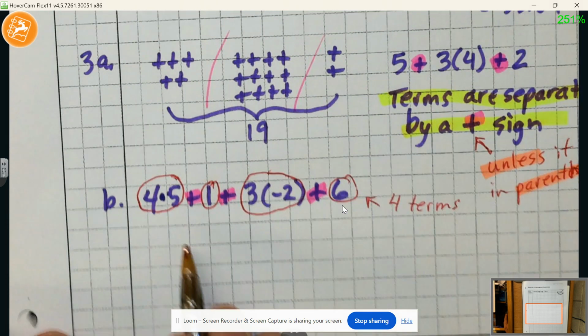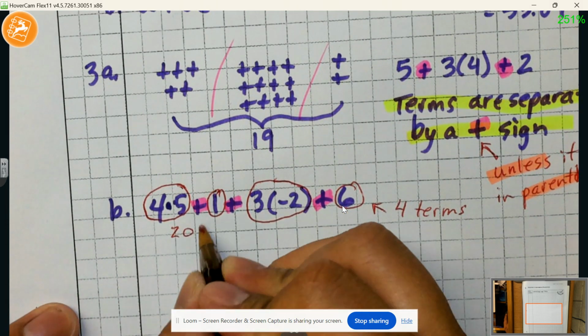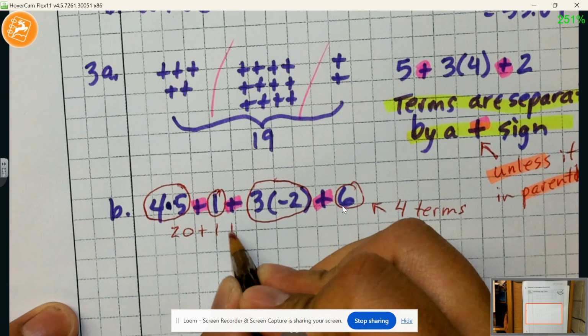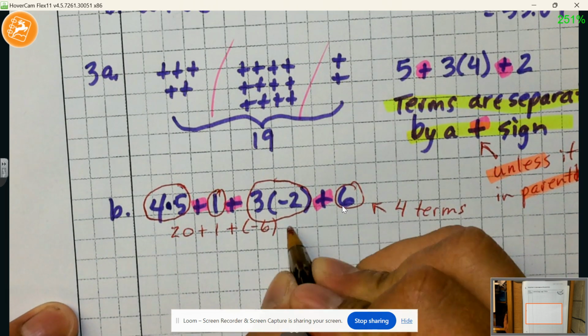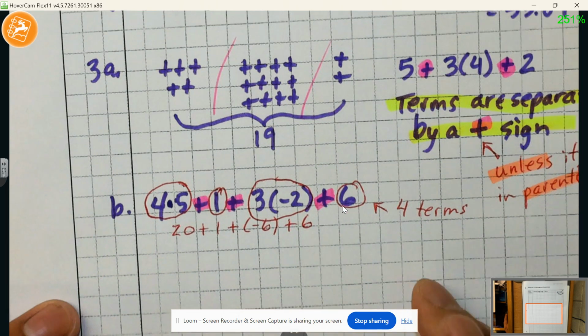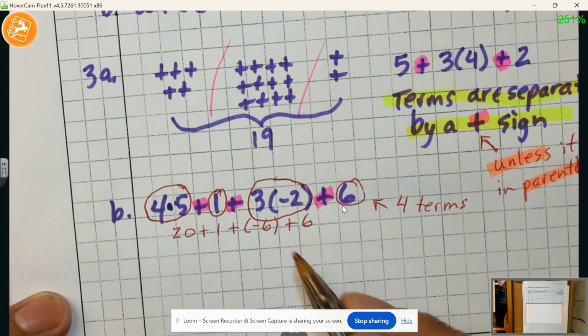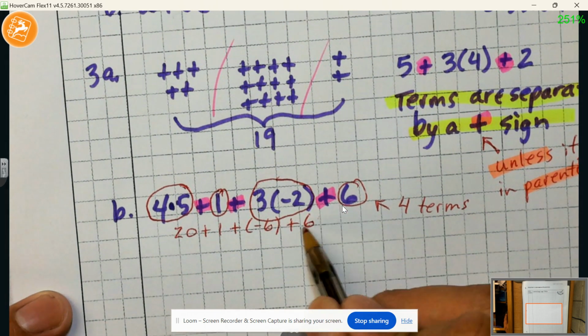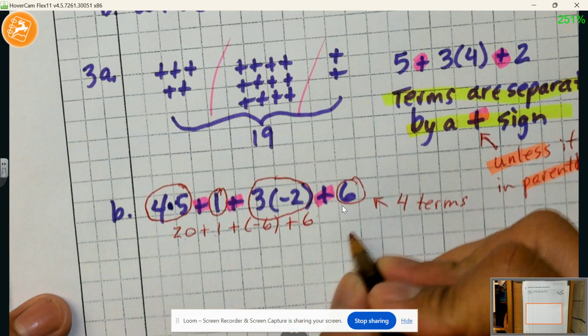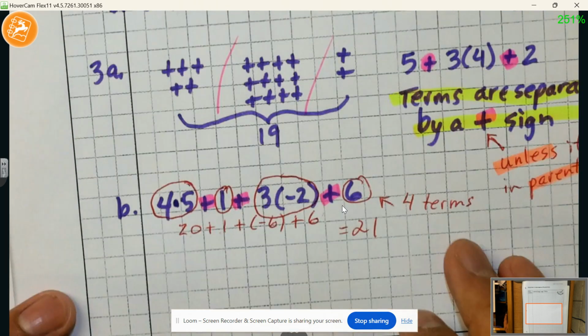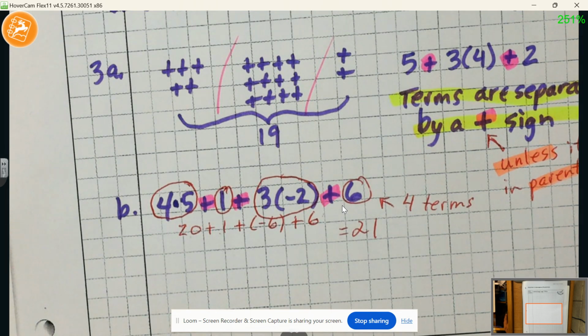And now that allows us to say, well, that's 20 plus 1 plus negative 6 plus 6. And now we can use some of those skills that we learned in past lessons: there's a 0 pair right there. That's equal to 21. And it makes things a lot easier to deal with.